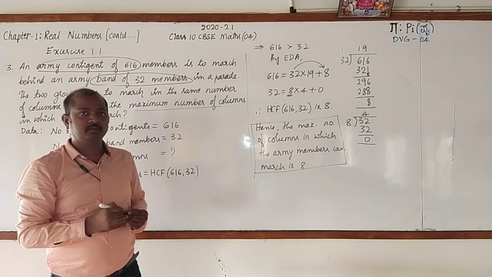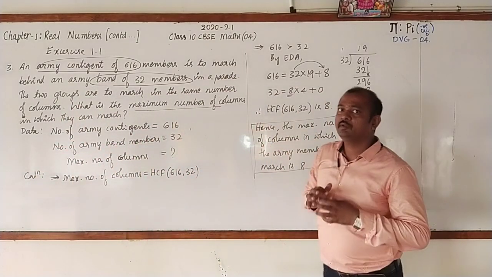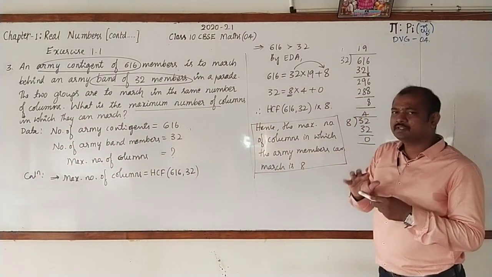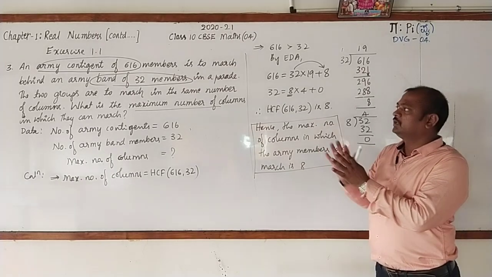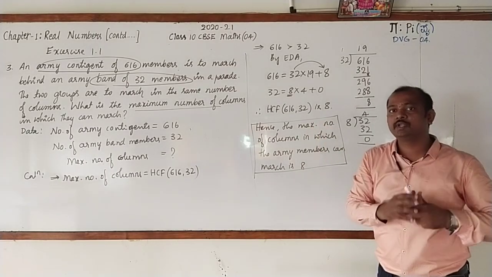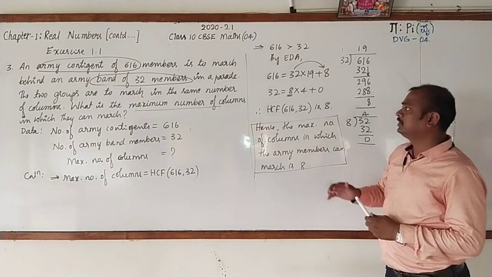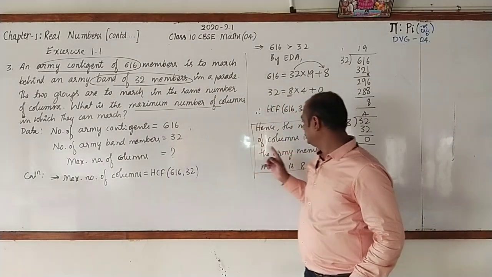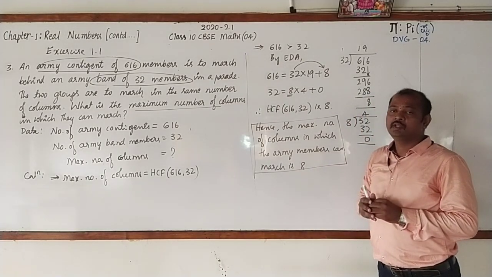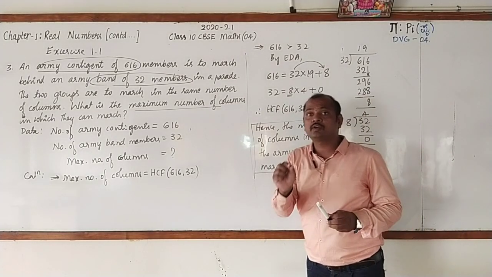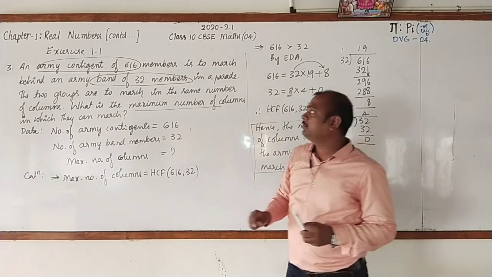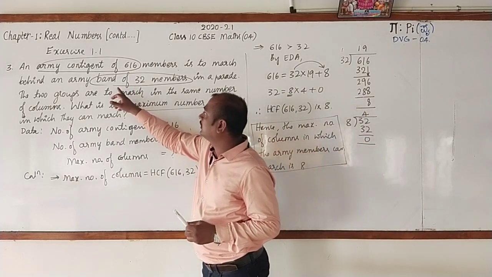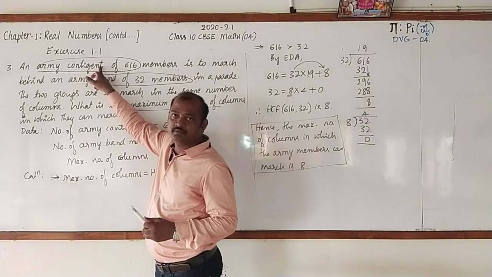I hope that you have understood this. Even, could you tell another simple question in this one only, not given, just I am including to test your knowledge. In how many columns can they go for marching? Yes, it is 8. If it is so, in one column, how many members will be there of army contingent?